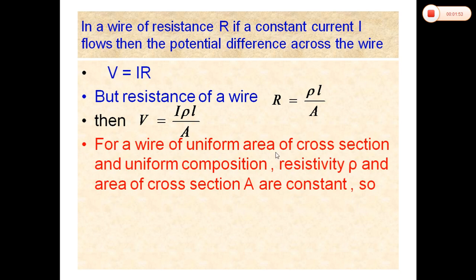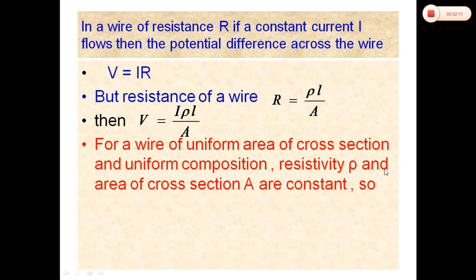For a wire of uniform area of cross section and uniform composition, means that throughout the wire the nature of the material does not change, means resistivity of that particular conductor remains unchanged.